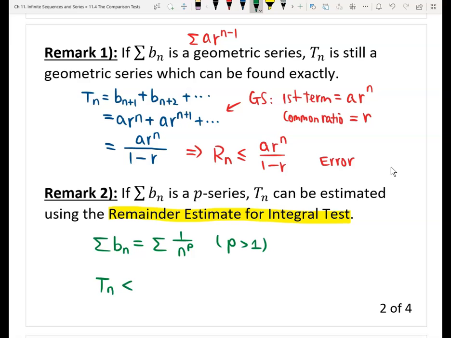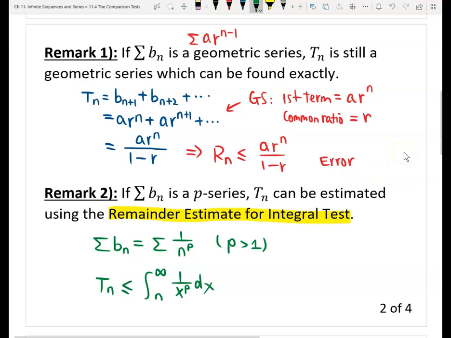Do you remember, Tn is controlled by this integral from n to infinity, and the integral function is this. Do you remember this result? The remainder is less than this number, and greater than another integral started from n plus 1 to infinity. But we only need to use this term. That's the result from the last topic.